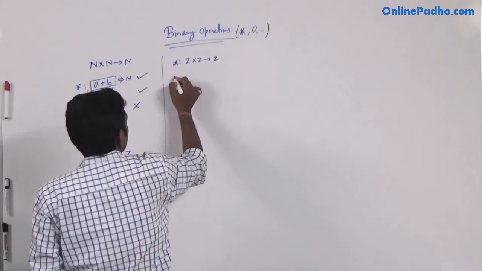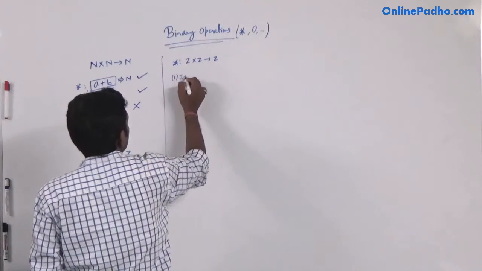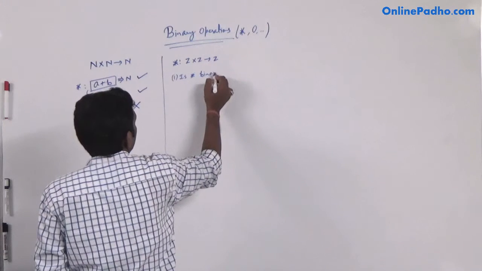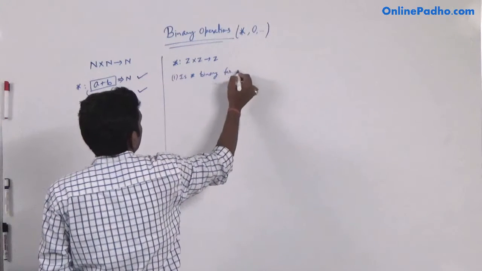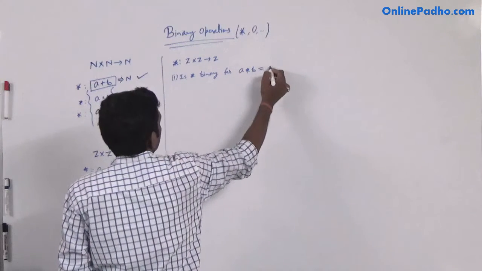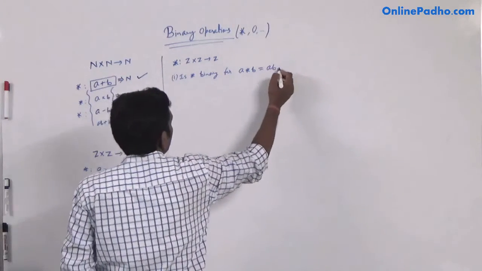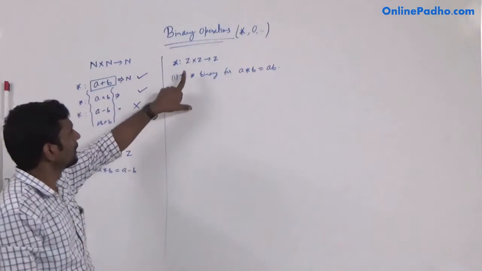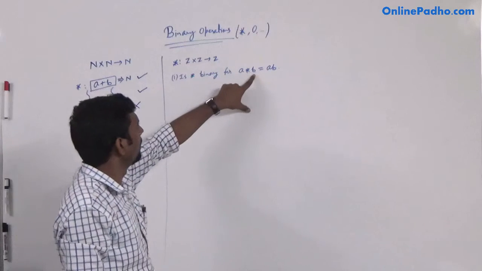And let us see, the question is: is star binary for a star b equal to ab? The question is about a star b.